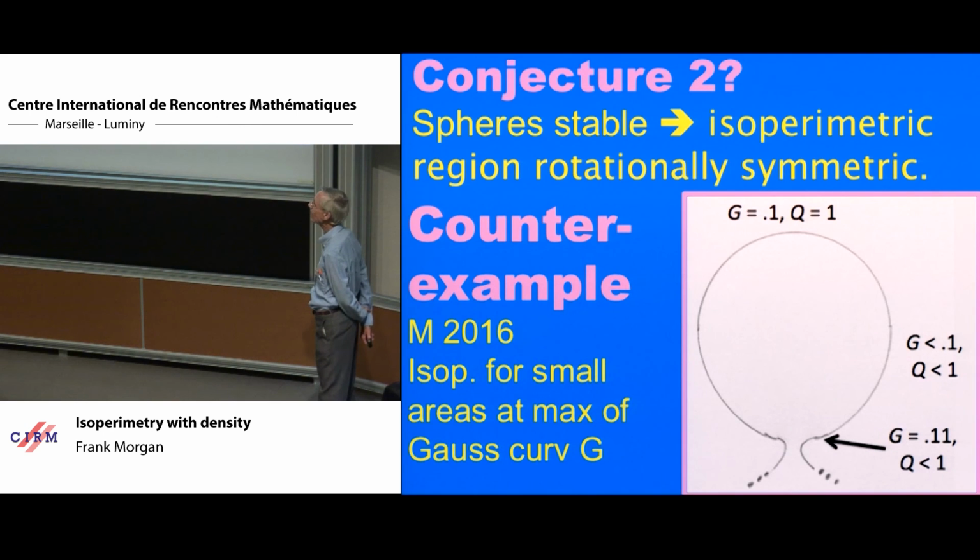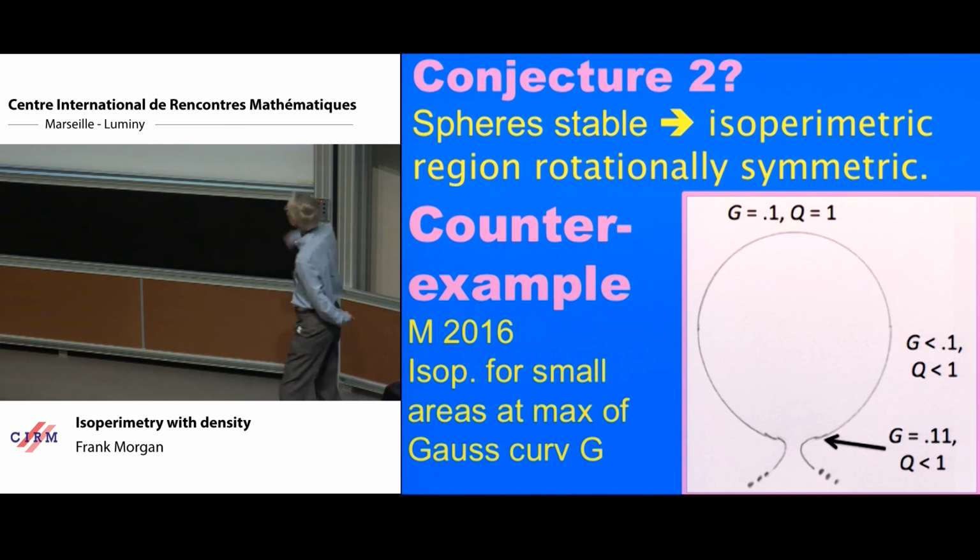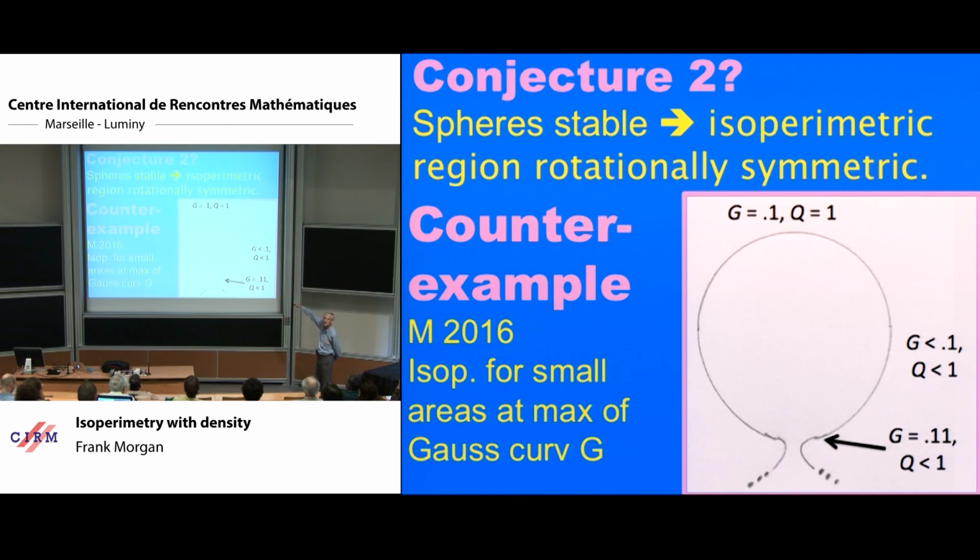But it turns out, I just realized last month, that that's false too. So here's a counterexample. This is just density 1. This is a surface of revolution where all the circles about the North Pole are stable, but little ones are not minimizing because it's possible to have the Gauss curvature larger down here and small circles want to be about the point of maximum Gauss curvature.